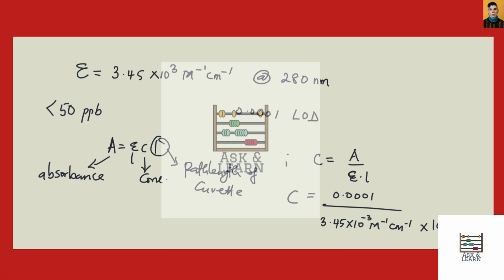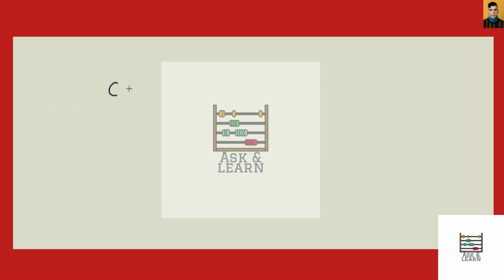So therefore, C would be equal to 2.895 times 10 raised to the power minus 8 grams per liter. So we just need to convert the 50 ppb to grams per liter, or we can convert this concentration to parts per billion as well.